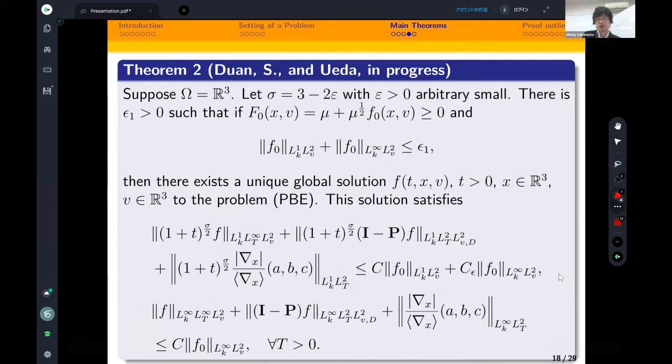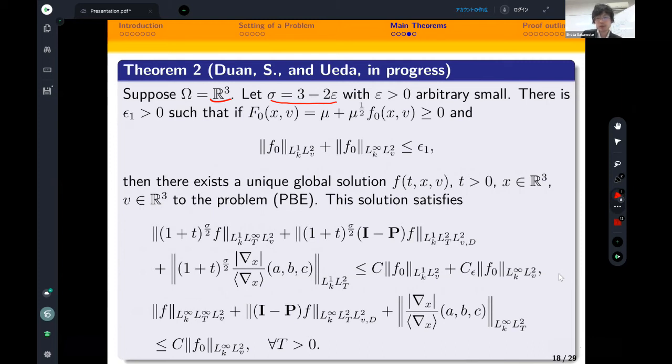What we are left to do is a final check. Suppose this case is for the whole space case. And we take index sigma 3 minus 2 epsilon, and the epsilon is arbitrarily small.